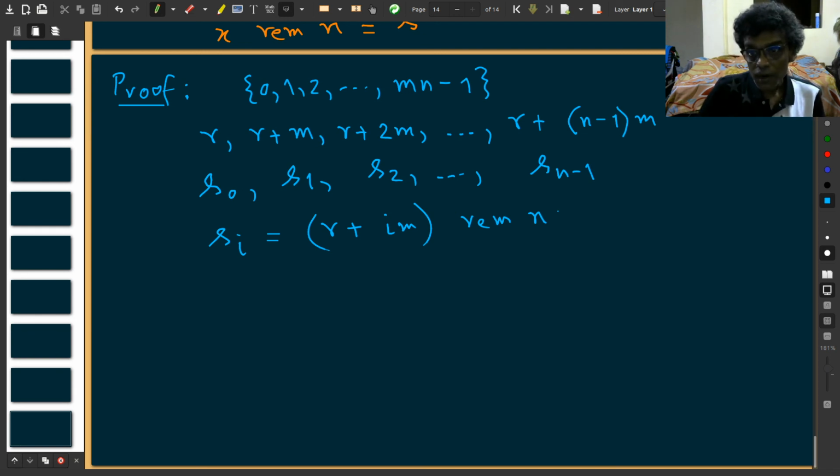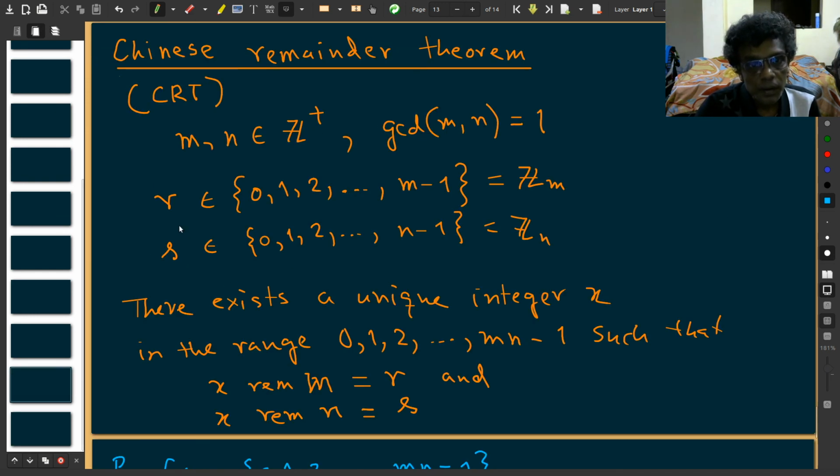So at least I have got n remainders modulo n, the second modulus. If any one of them is my given s, then I am done.